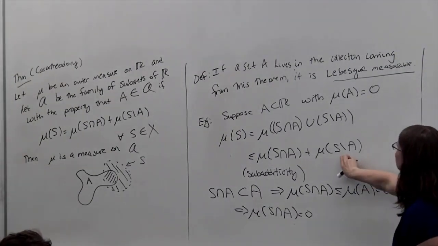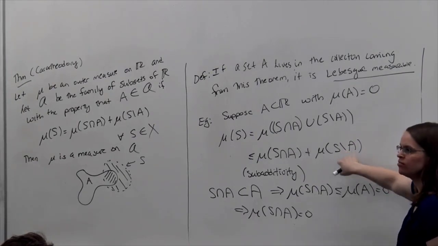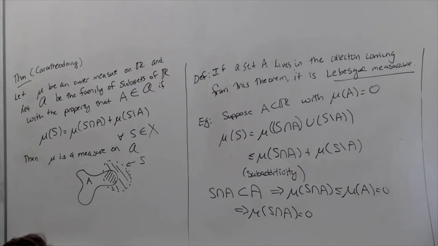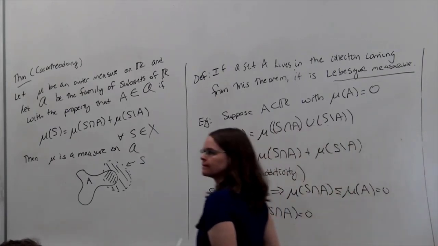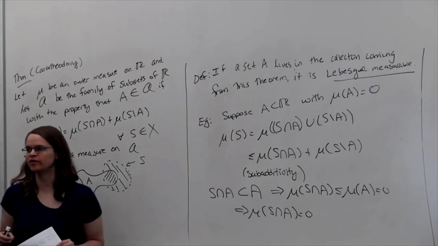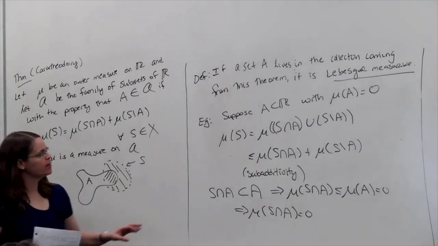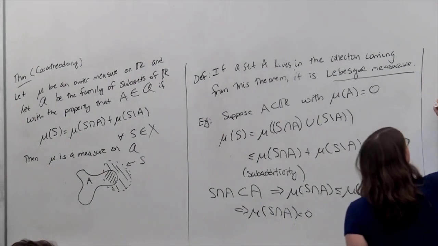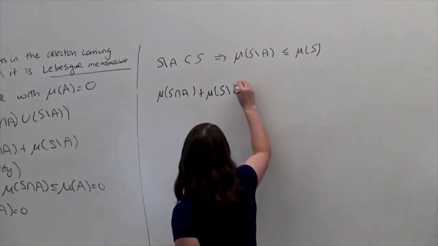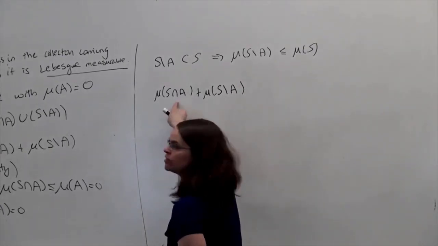Okay, by the same token, this guy here is a subset of S. Right, so by our comparison result, we can say this is true. Okay, that's a property of an outer measure, which we have. And that means if I add these two things together, well, this guy is 0.